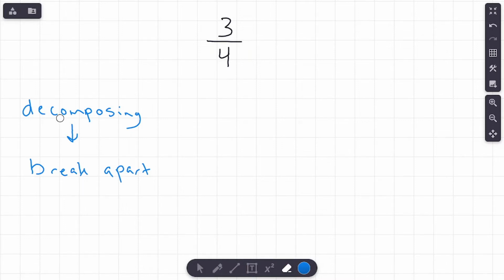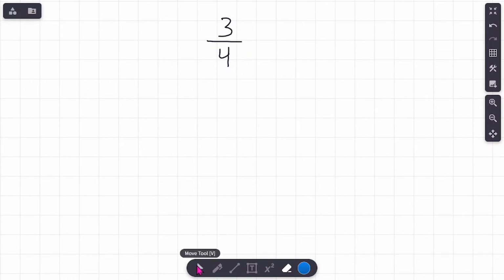So let me erase this here, get it out of our way, and then let's talk about our very first problem. We've got the fraction 3/4. What we're going to do to this fraction is break it apart. To do that, I'm going to draw a picture, because you know me, I like drawing pictures.